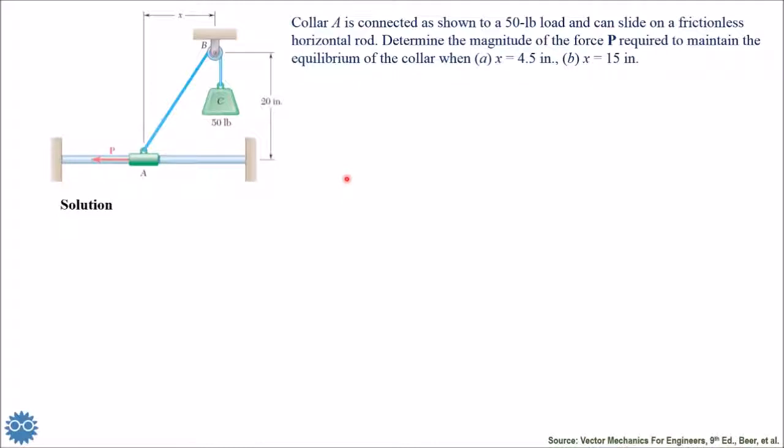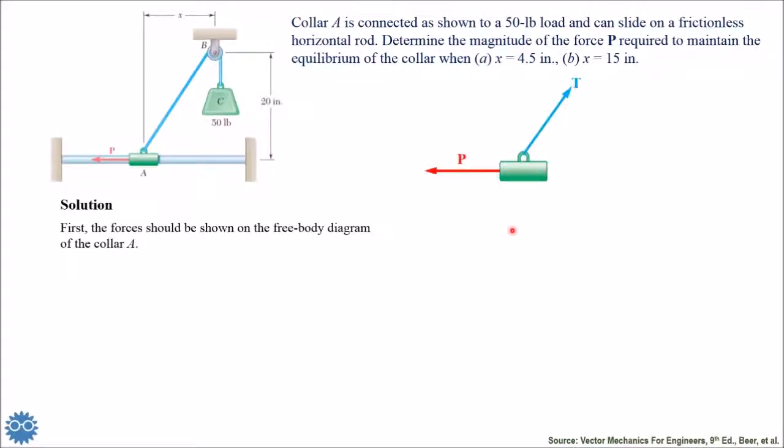Now, in order to solve this problem, let's draw the free body diagram of the collar. So here we have the collar alone. Now we put the forces. We have P and we have the tension. Again, the tension always pulls. We don't see the arrow here, but we know that the tension always pulls the components towards the cable or the other side of the cable.